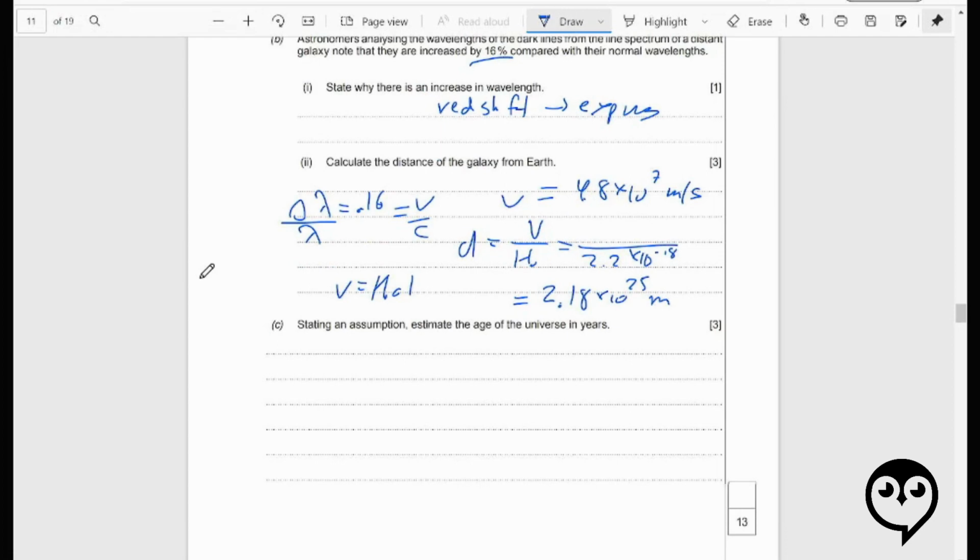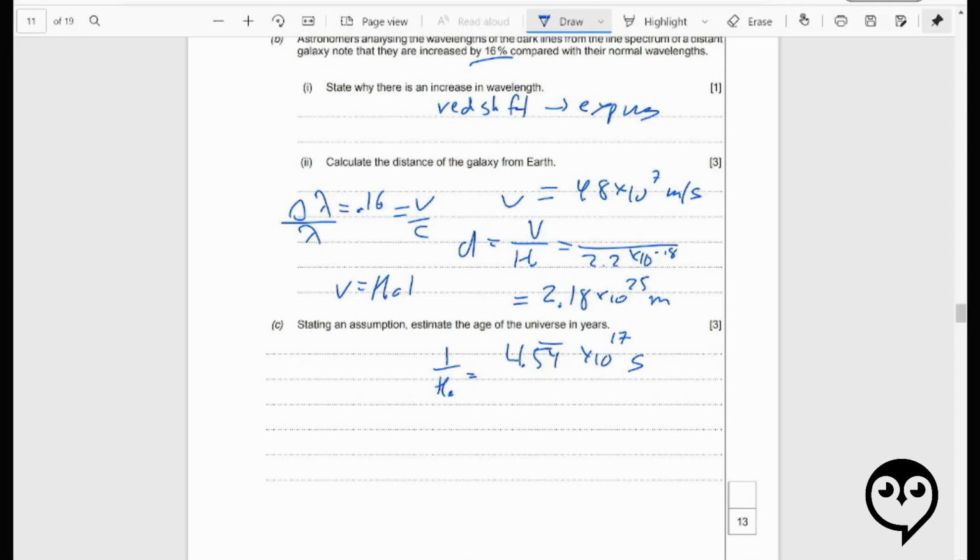Stating any assumption, estimate the age of the universe in years. Okay, well, we know it's going to be 1 over this Hubble constant that they've just gave us in the formula booklet. So now if I do the reciprocal of this, I get 4.545454 times 10 to the 17. Of course, we know that's seconds.